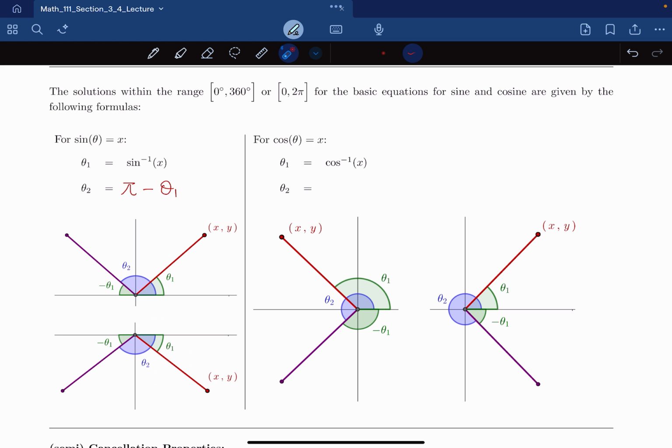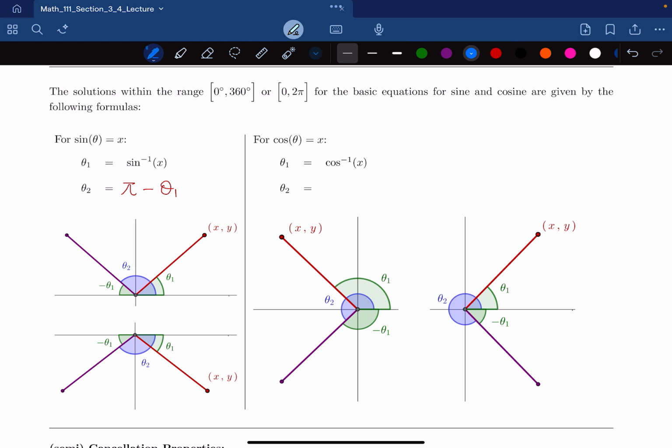Similarly, going into cosine, same idea. We find our first answer by doing cosine inverse of x, get our first angle, whether in degrees or radians, and then to get the second angle, we leverage symmetry again.